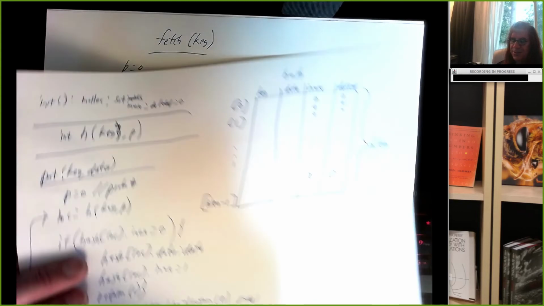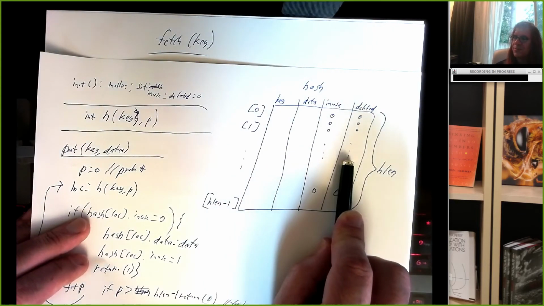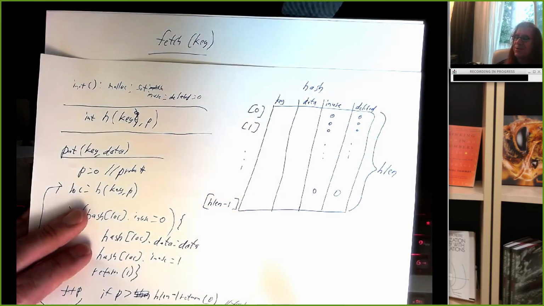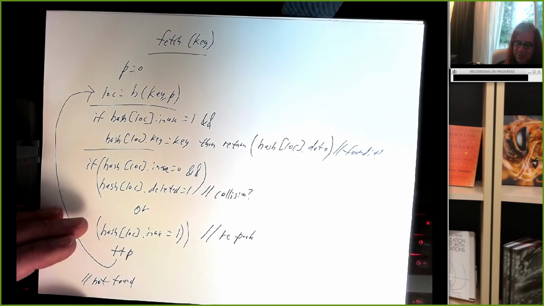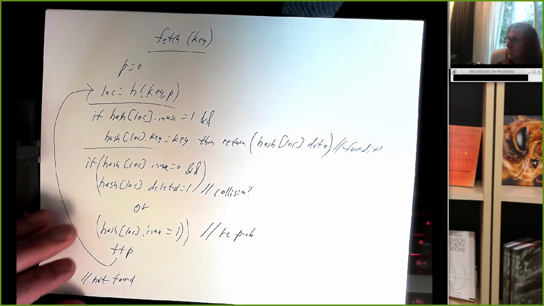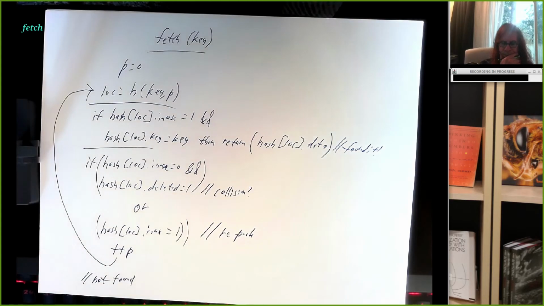Right, so if you get to a spot in the table where you have an entry that's not in use but there also was not something there previously, and we haven't found our key yet, at that point you can say your key is not in your hash table, and so we can return a not found. Alright, so that's the fetch algorithm.